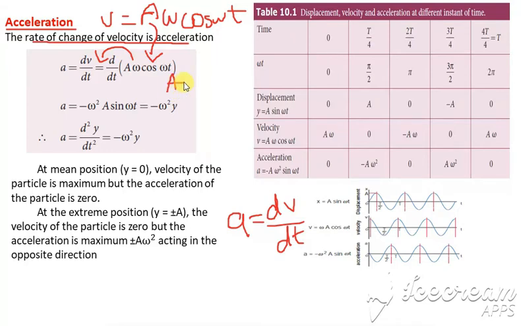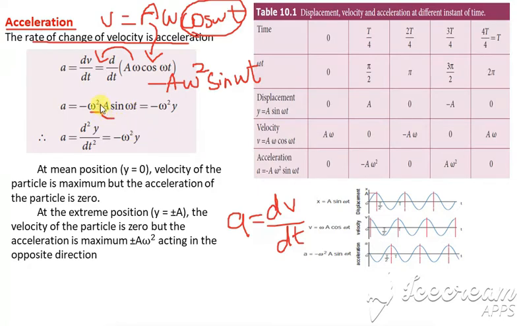So we get a omega into differentiation of cos. What is differentiation of cos? It is minus sine. So minus sine omega t. Again if we differentiate with omega, we get one more omega here. So we get omega square. So minus omega square a into sine omega t.